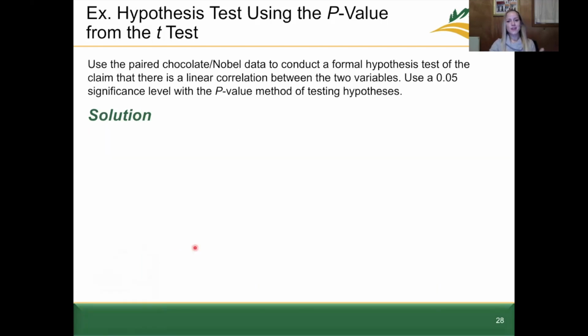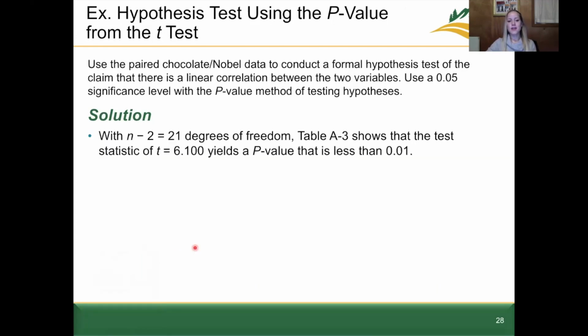So let's continue piecing this data together. We know our degrees of freedom, n minus 2, is 21. From our t-test statistic and our degrees of freedom, we found our p-value to be less than 0.01. When we calculated that p-value using Excel, we also got a very small number.